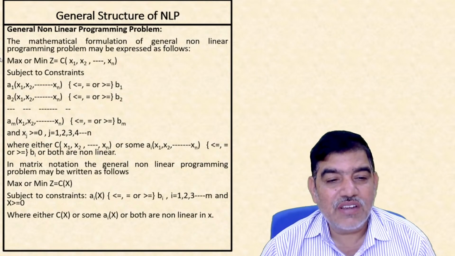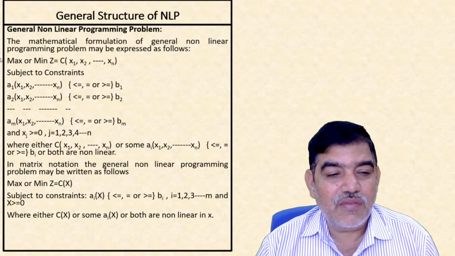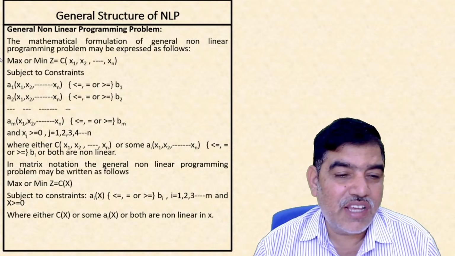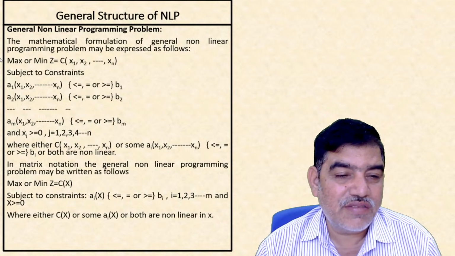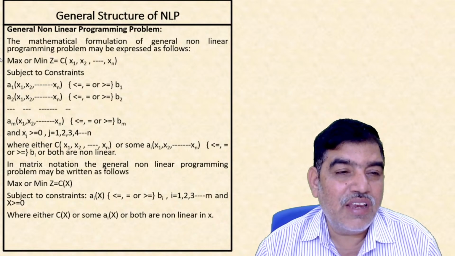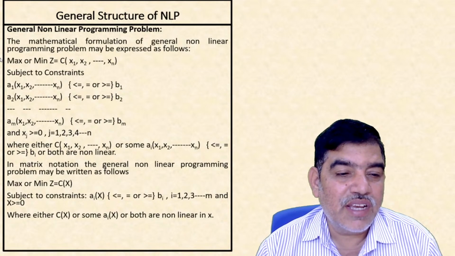In matrix notation, the general nonlinear programming problem may be written as follows. Max or min z equal to c of x. Earlier I wrote z equal to c of x1, x2, xn.